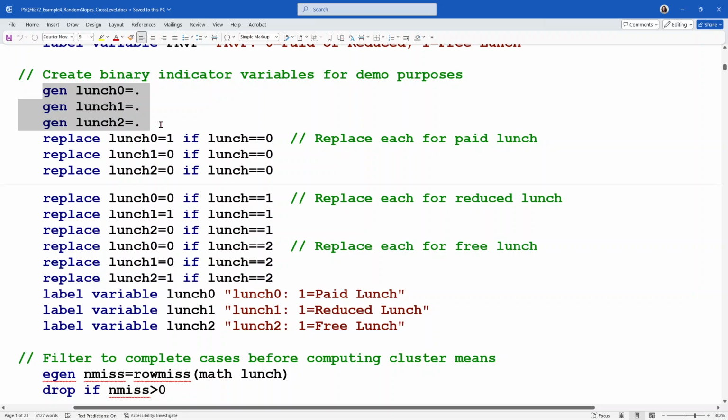So I'm centering the version that is paid versus free lunch at 0.3, because that is these two combined in terms of the proportion of students that get either reduced or free lunch. And then I'm centering the other one at 0.19 because that is the mean of that variable. So when all is said and done, we're creating a reference combination like this in terms of the proportion of students at a given school.